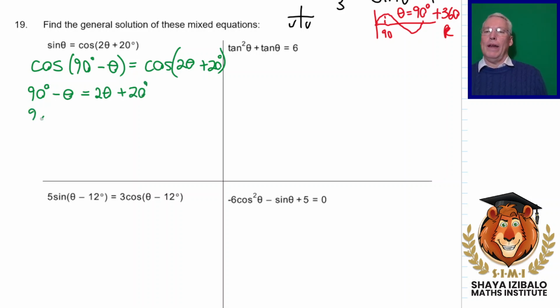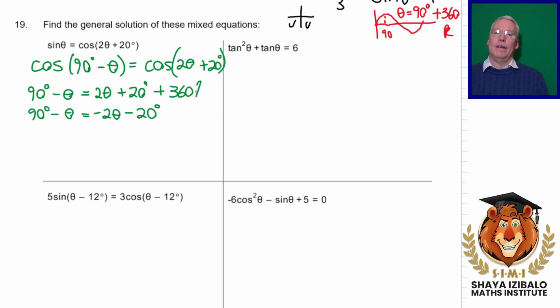Or the one angle equals the negative or 360 minus of the other angle. I'm actually going to go with the negative this time. Negative 2 theta minus 20 degrees. Sorry, minus 20 degrees. And both of these are plus 360k. And for both of these, k is an element of z.